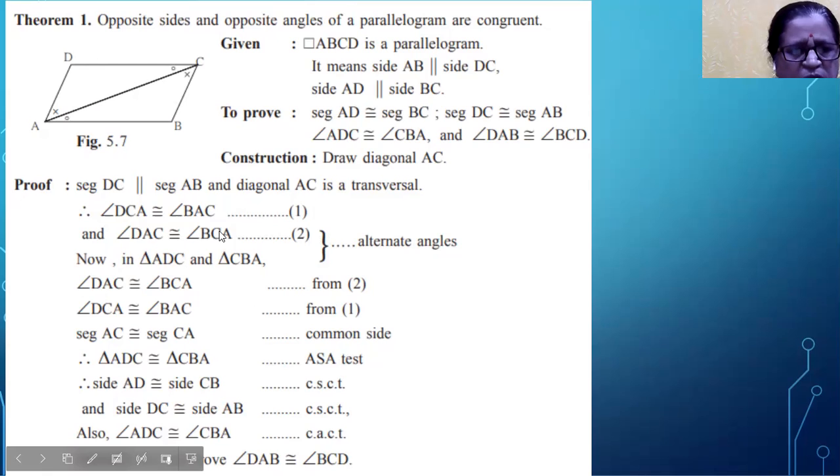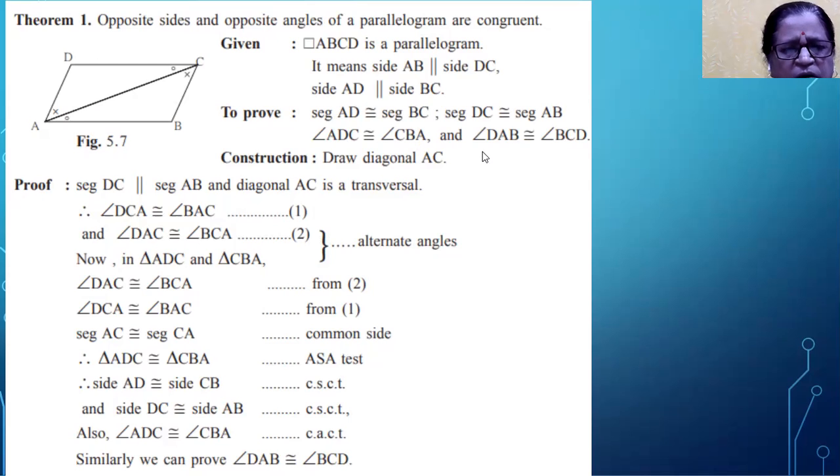Here it is proved that AD is congruent to BC and DC is congruent to AB.